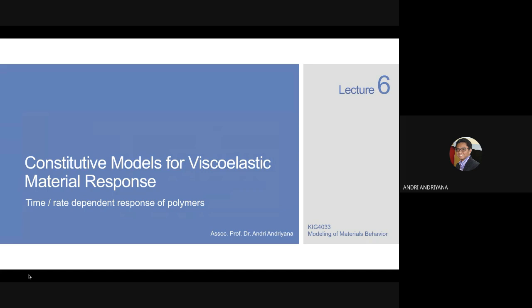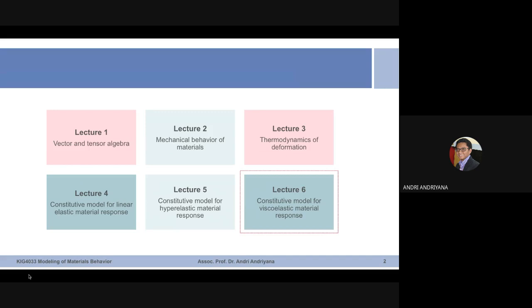But I strongly suggest you continue listening and following this lecture 6. We are focusing on the viscoelastic material response, a class of material response commonly observed in many classes of polymeric materials.